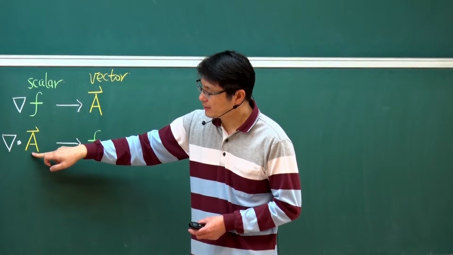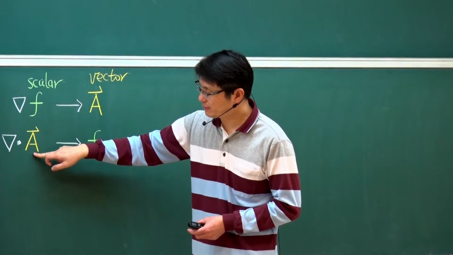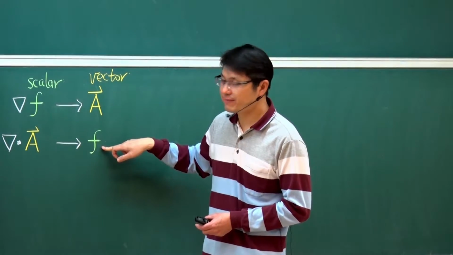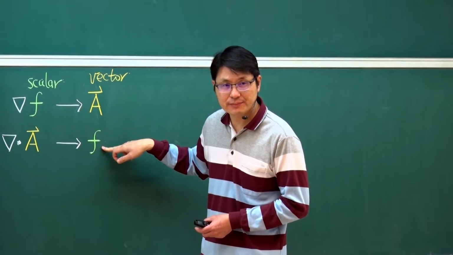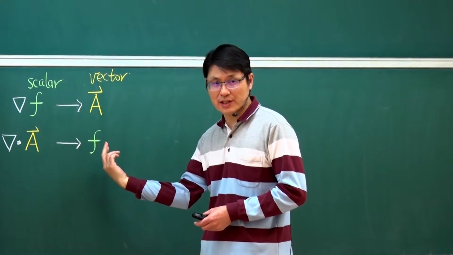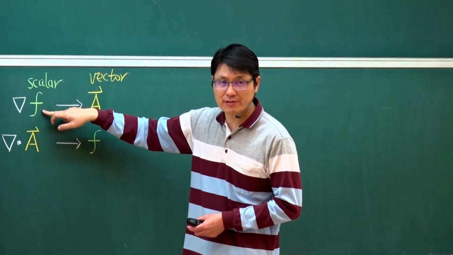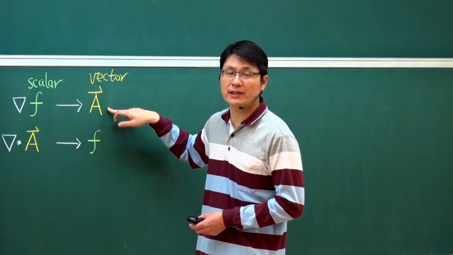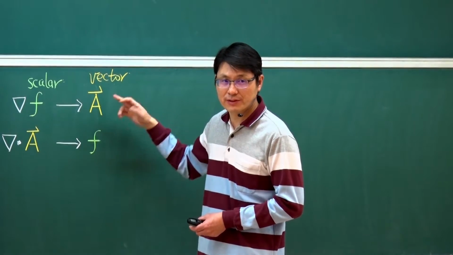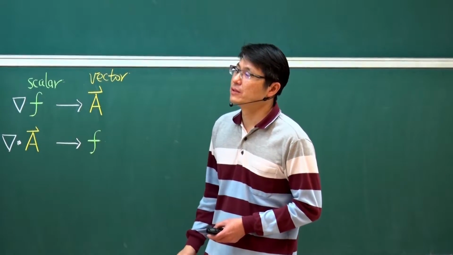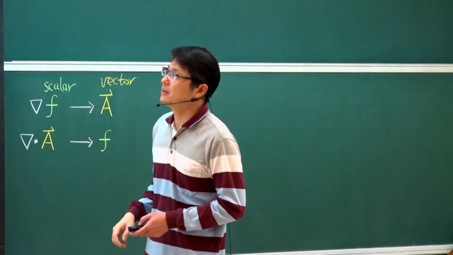Divergence works on a vector function, but you arrive at a scalar function. This is in contrast to gradient, which operates on a scalar function and results in a vector function. Okay, reversed. So we can turn off the light.